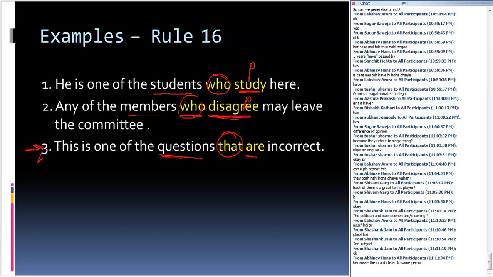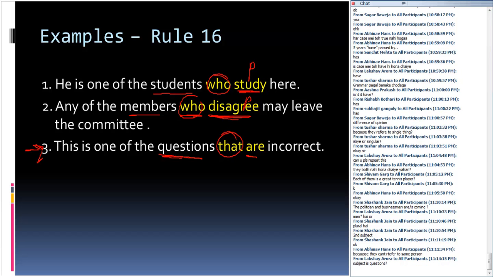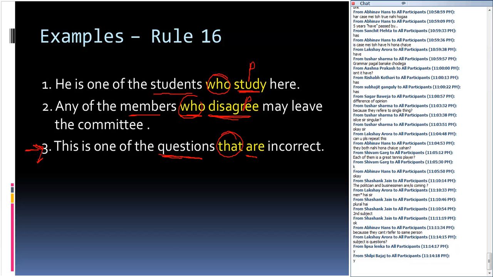Okay. Is this clear? Yes, in that case, subject becomes questions. You are right. In that case, the subject becomes questions. Okay.